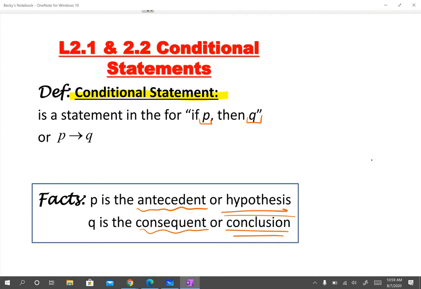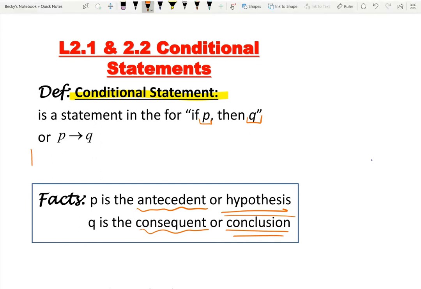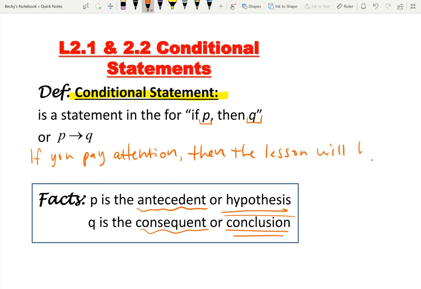So let's go back to the sentence that I gave you. If you pay attention, then the lesson will be easy. I just made this up, and I just wanted a sentence in if-then form.